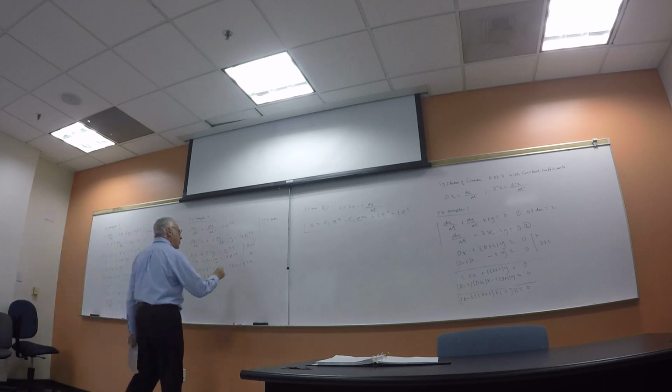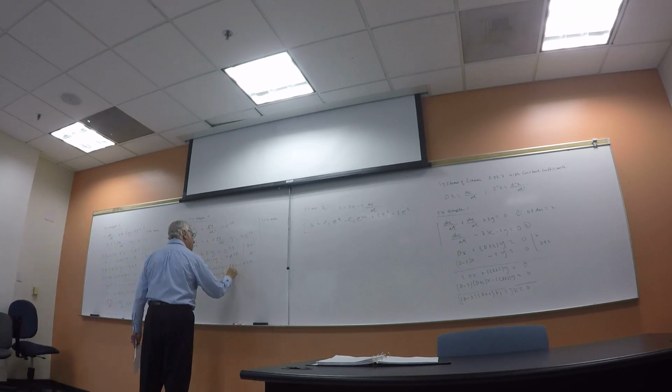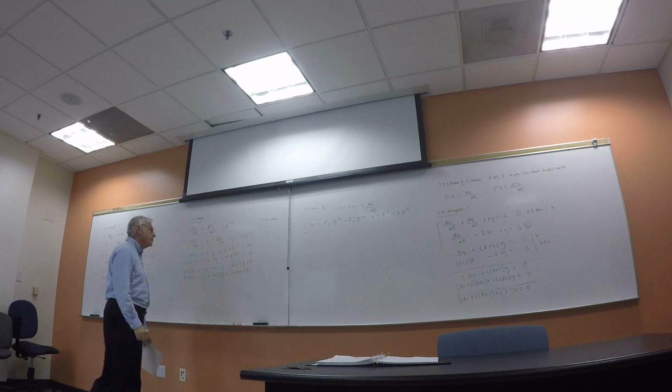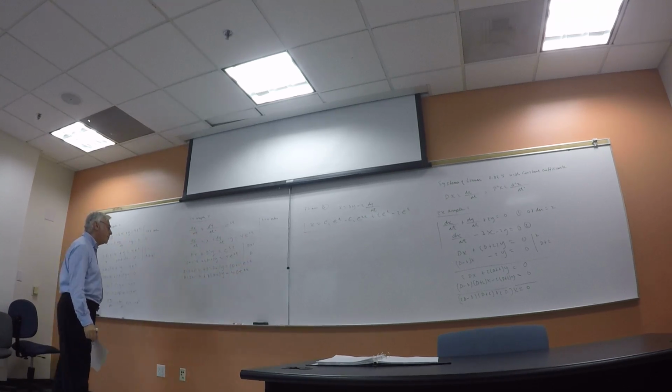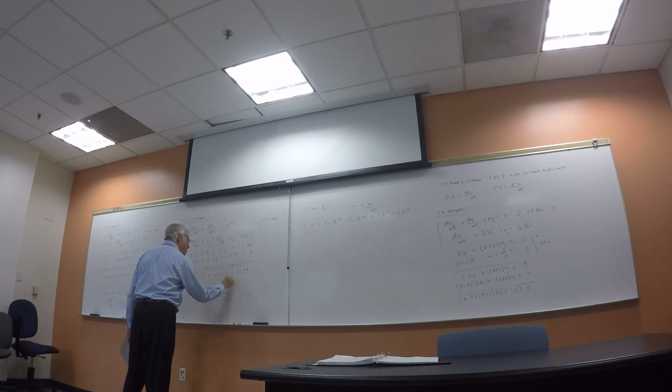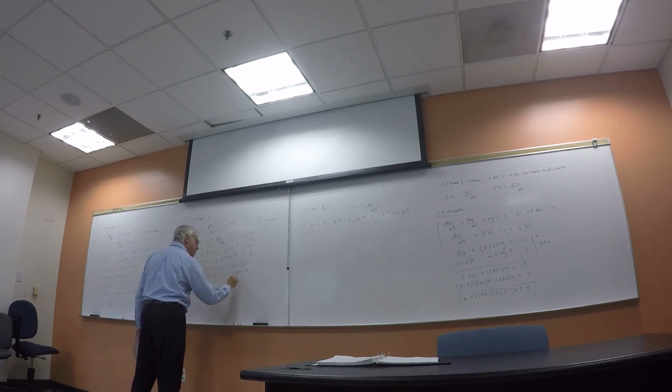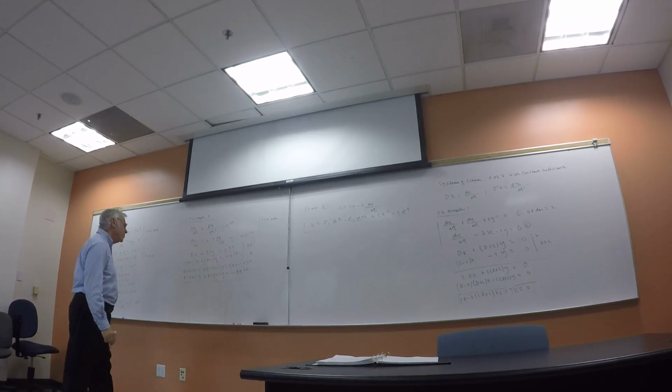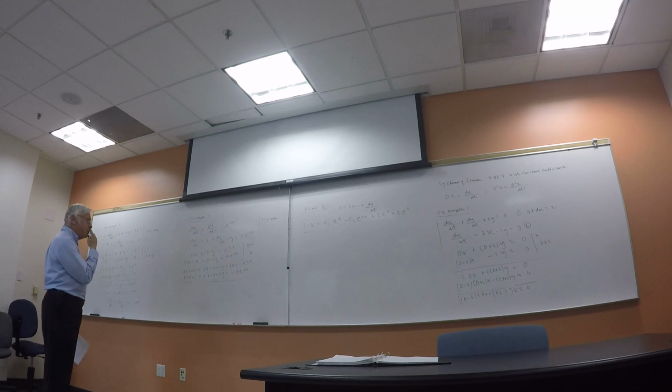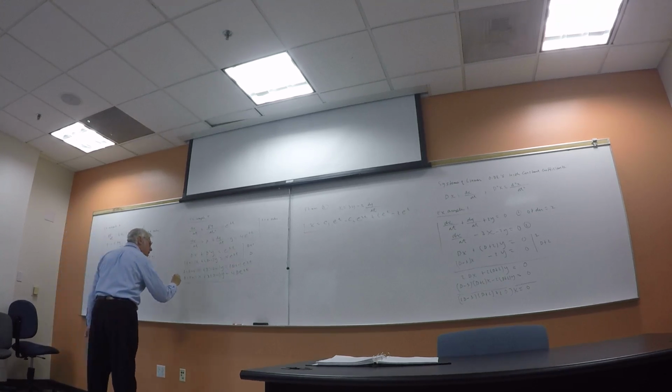Equals the derivative of 4 times the derivative of e to the 3t. Take these equations and I subtract, right? Okay, the d(d+1)x goes out. Let's just be careful over here.